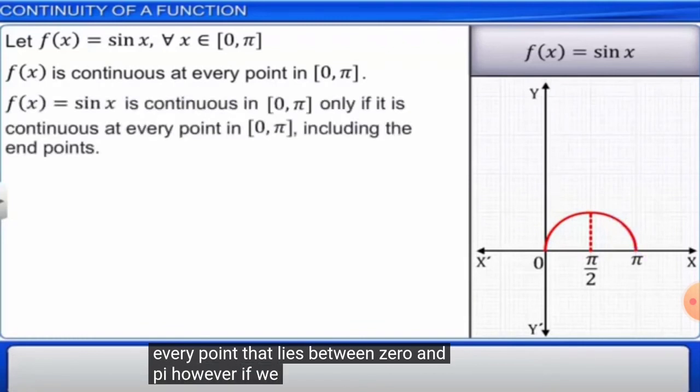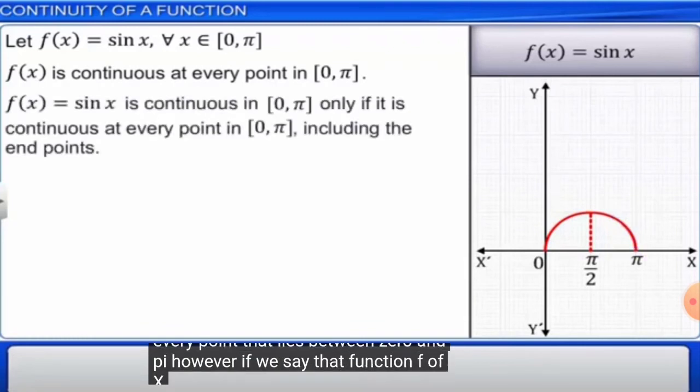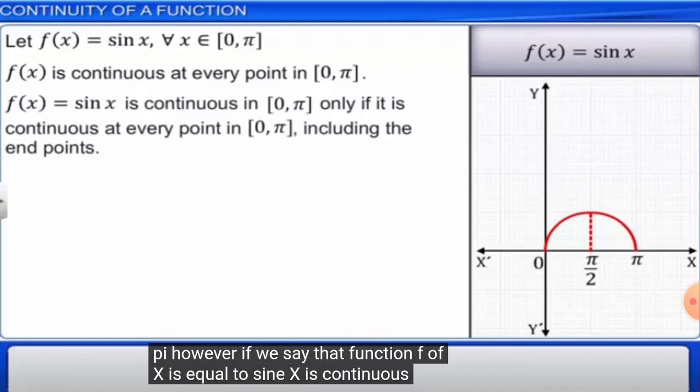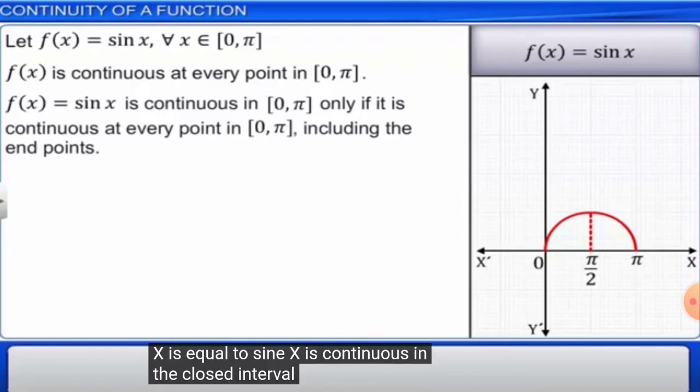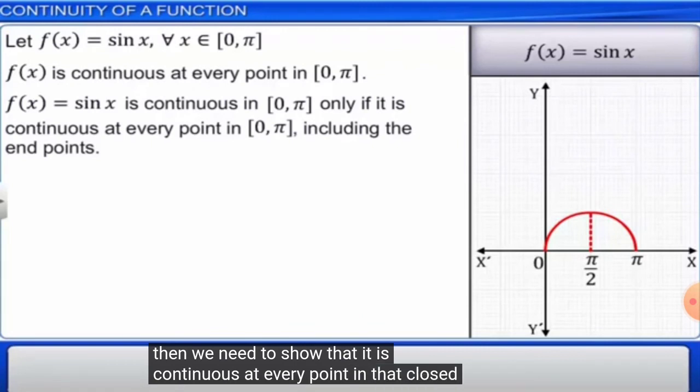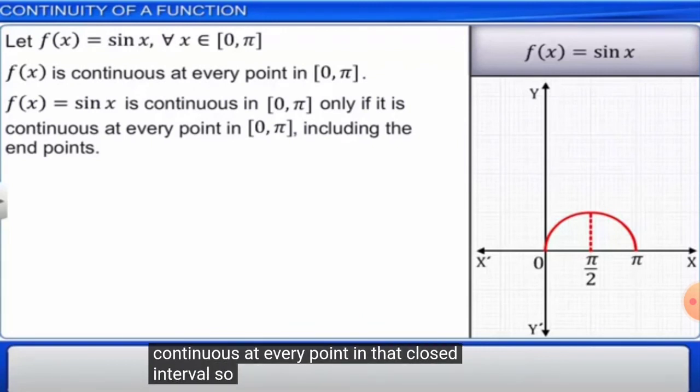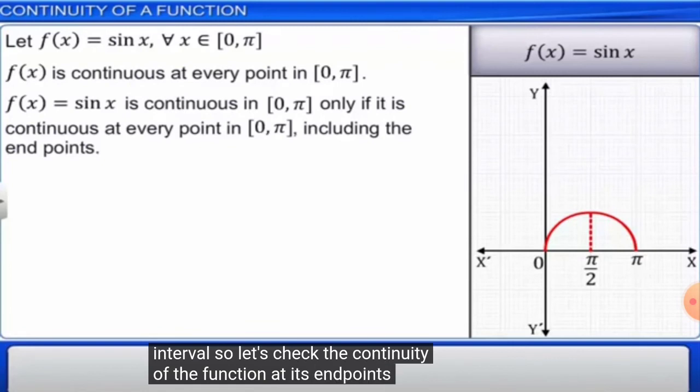However, if we say that function f of x equal to sine x is continuous in the closed interval 0, pi, then we need to show that it is continuous at every point in that closed interval. So let's check the continuity of the function at its endpoints.